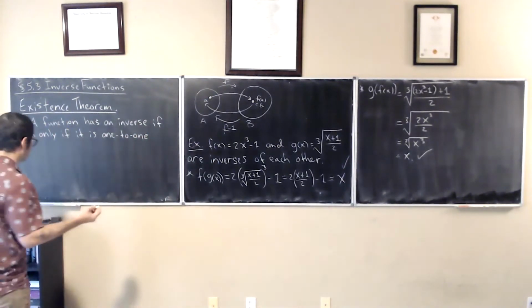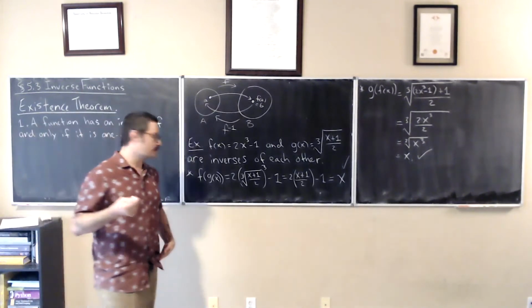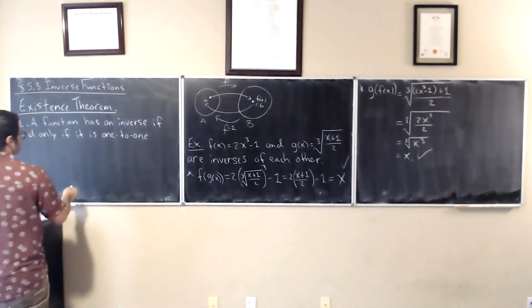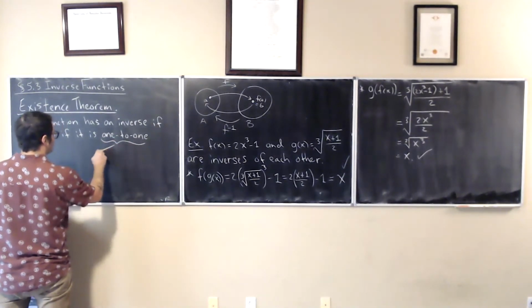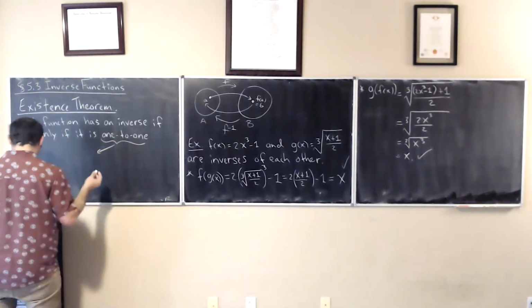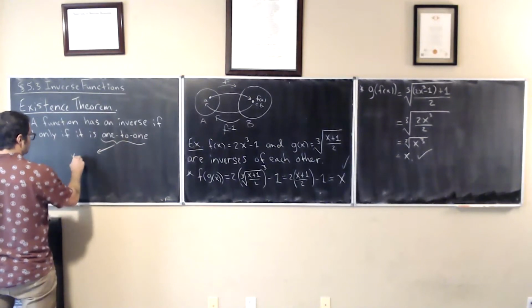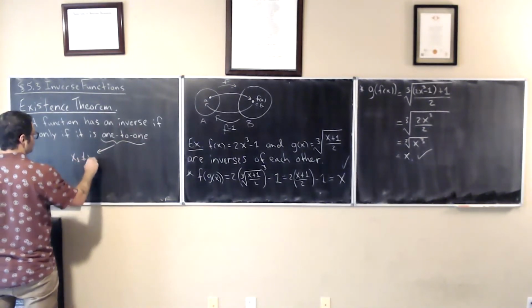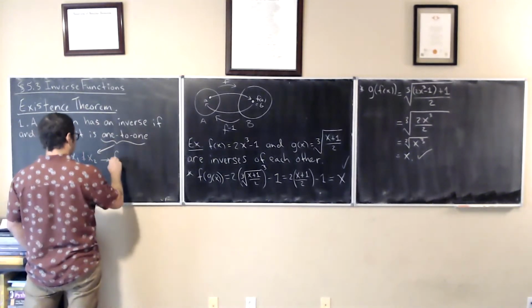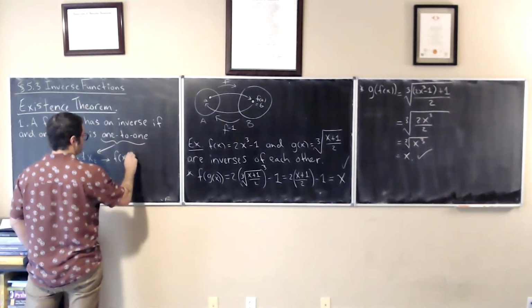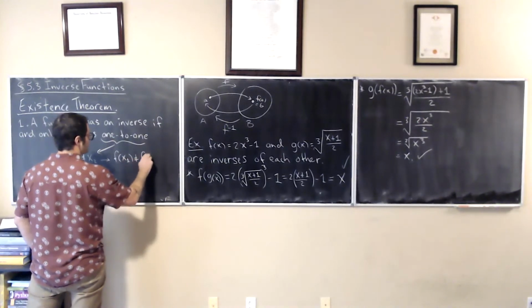So recall, you might have forgotten the definition of being 1 to 1. 1 to 1 is the same thing as saying that x1 not equal to x2 implies that f of x1 is not equal to f of x2.